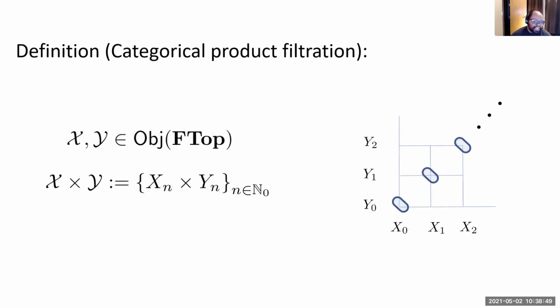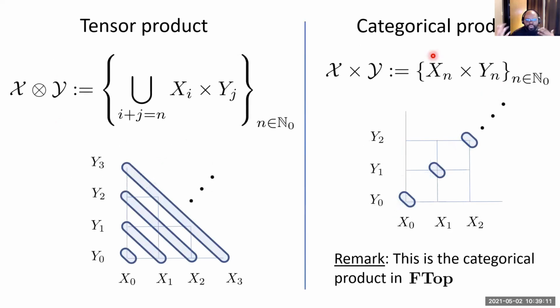So this motivates this other filtration. If you have two filtered spaces, X and Y, then we define what we call the categorical product filtration as (X times Y)_n equal to X_n times Y_n. So we're only taking the diagonal now.